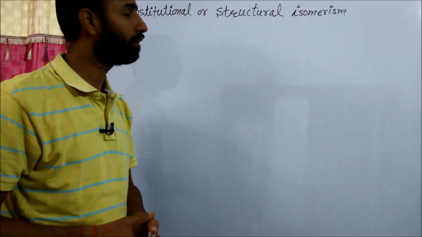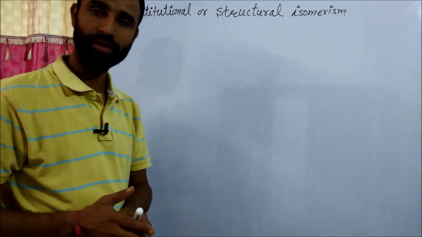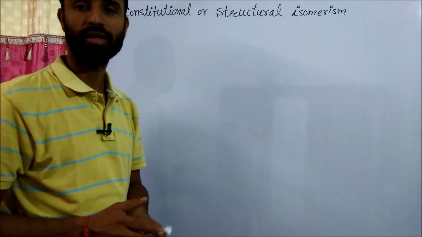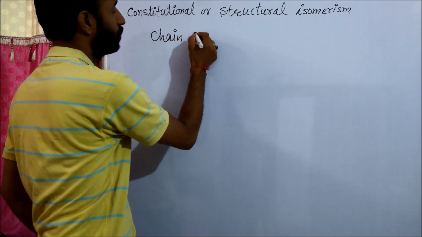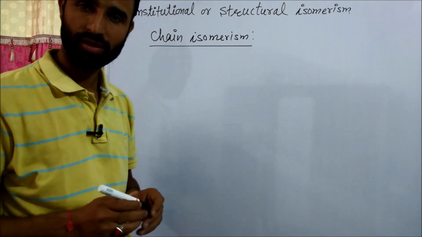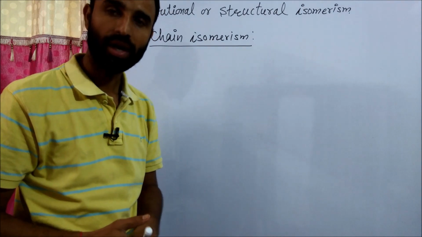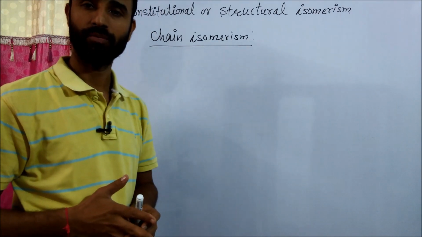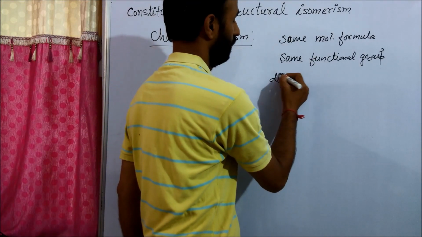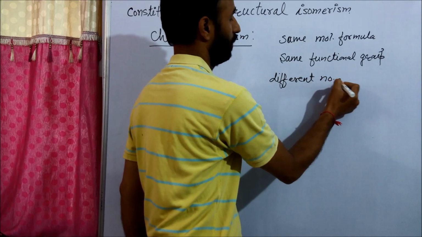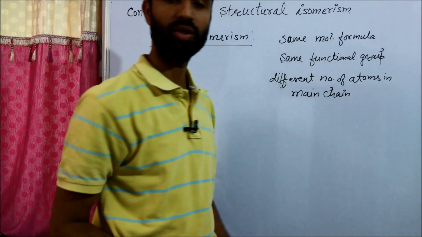So what are structural or constitutional isomers? Which have the same molecular formula but different structural arrangements. So the first one is chain isomerism. As the name suggests, chain isomerism means these are the isomers having the same molecular formula, same functional group, but different number of atoms in the main chain.